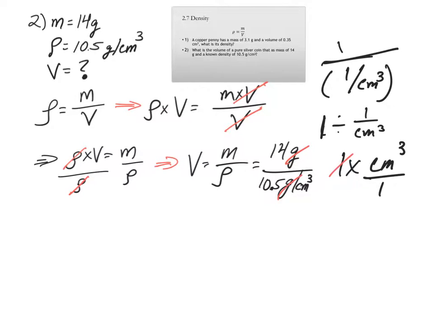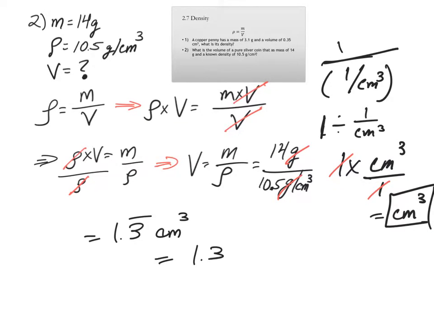A cubic centimeter divided by 1 is still a cubic centimeter. So 14 divided by 10.5 is equal to 1.3, repeating, cubic centimeters, and we have 14 grams, we have 10.5 grams per cubic centimeter, so our answer needs to be to two significant figures, so 1.3.